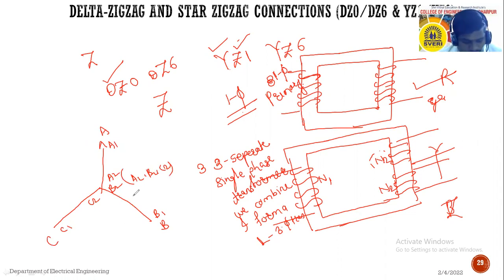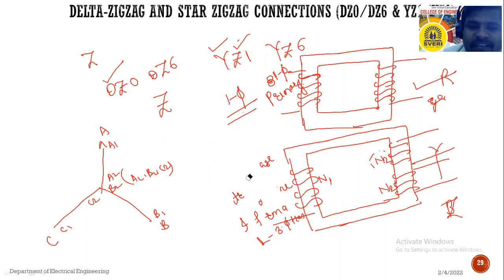OK, see, the primary of the transformer can be connected in star. If it is connected in star, then the secondary will include two windings having the same number of turns, so that there are two voltages having the same magnitude.